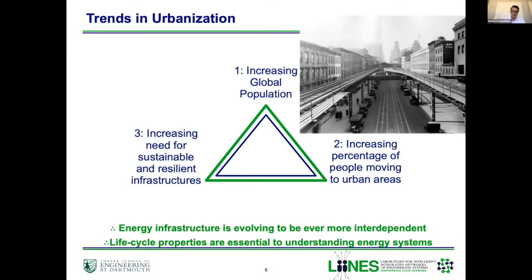Well, this is a picture of 1955 in New York City, where the L train that is now decommissioned is running over the street. It is an old picture, but it really demonstrates well how all of these systems are interdependent just as a result of density, right? We have streetcars, we have cars, we have pedestrians, and an elevated train all running within the same space on the street.